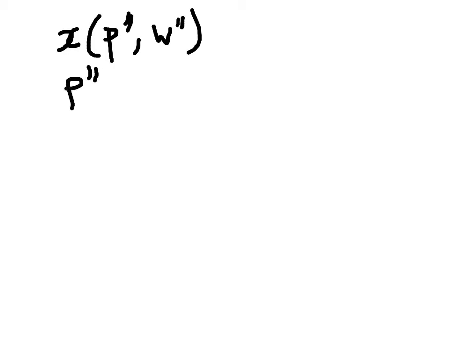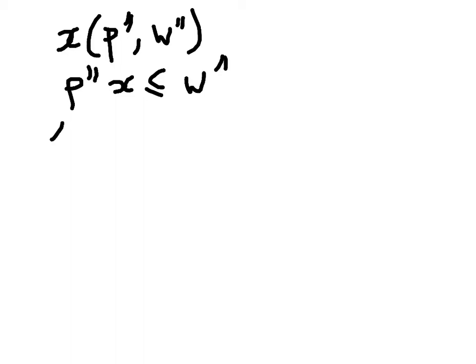So any bundle X chosen at P double prime, W double prime is such that it must be affordable, right? So I must have P double prime X less than or equal to W double prime. And remember how I've constructed P double prime and W double prime.